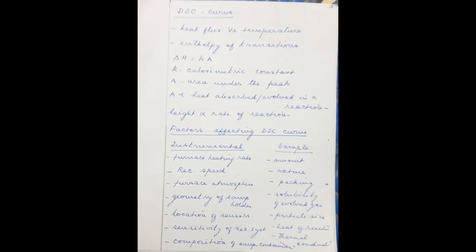And also particle size. If the particles are of small size, then there is more surface area; bigger size, less surface area. And also the heat of the reaction and the thermal conditions. So these are all the various factors affecting differential scanning calorimetry.